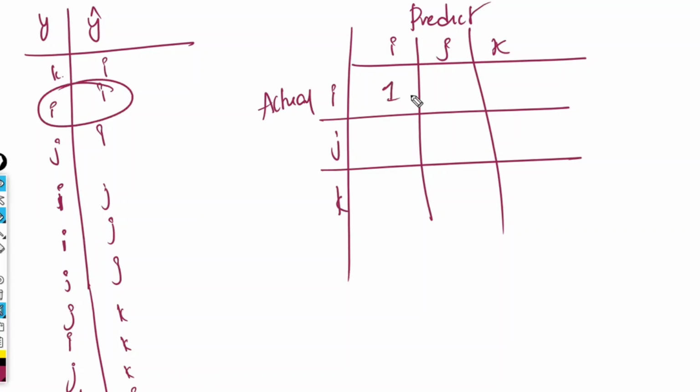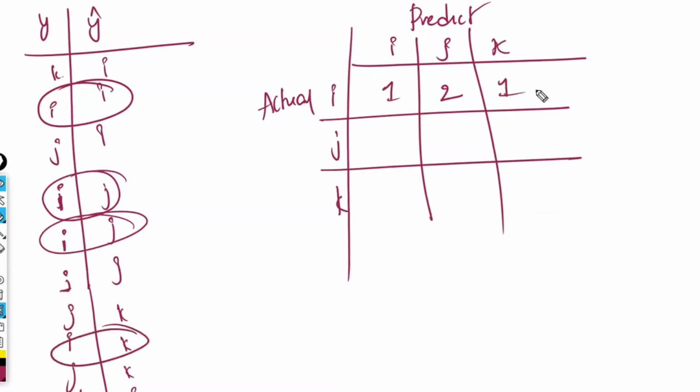Now actual I, predicted J. Actual should be I. 1 and 2. Actual I, predicted J is 2. Actual I, predicted K, where is I? 1. Keep it here.